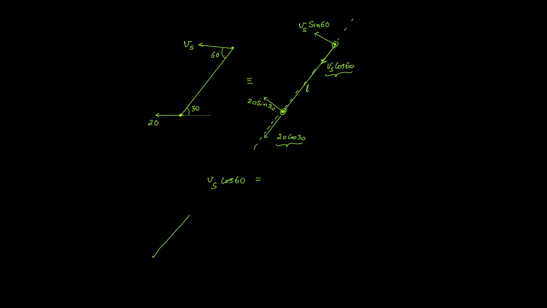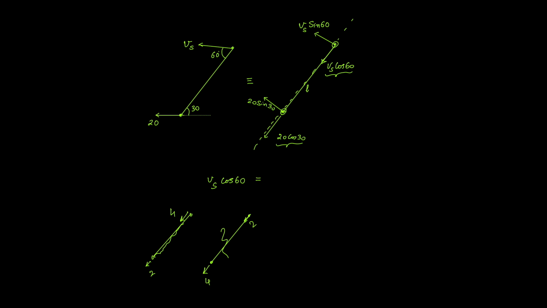Suppose we have a rope like this, and this end moves with velocity 2, this end moves with velocity 4, different velocities. Then obviously this rope will slack. And if it happens otherwise, if this end moves with 4 and this with 2, then obviously it will break from some point.